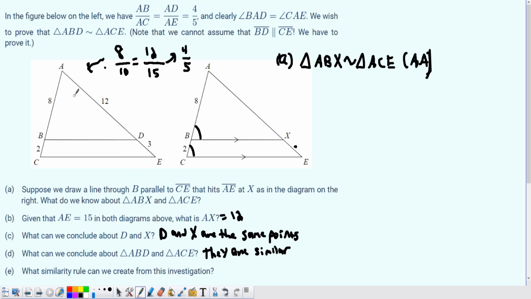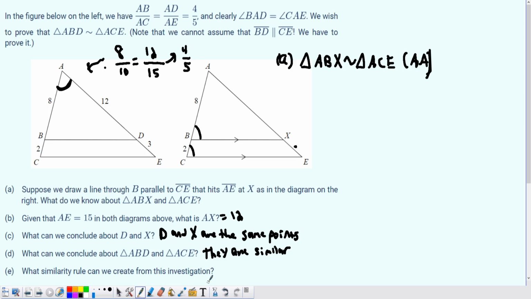We started with this angle between them, A. Both triangles shared this angle. And that's actually very helpful to know, because if these two sides are proportionate and this angle between them matches up, we might have a case of similarity.